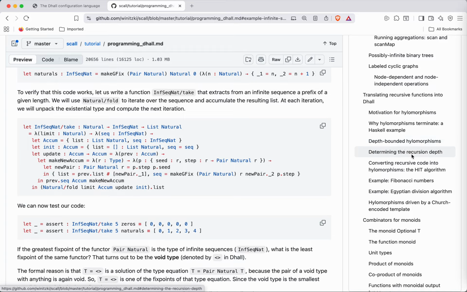The basic idea of how you guarantee termination is that you do not allow arbitrary iteration. You allow iteration only when you know in advance how many, at most, iterations you will have. And that's fine. In most cases, you have that kind of upper bound, and then everything is fine.